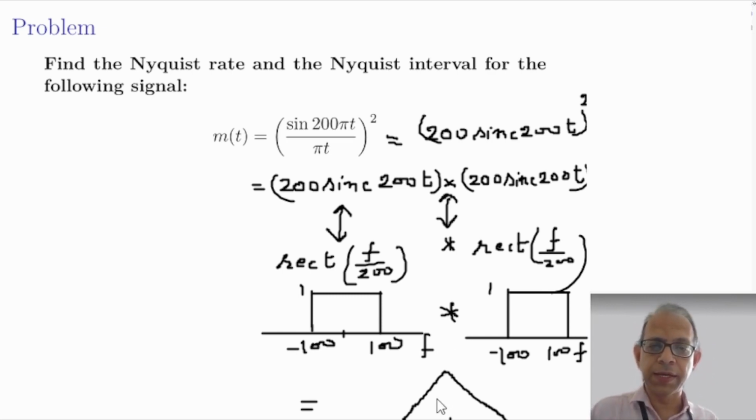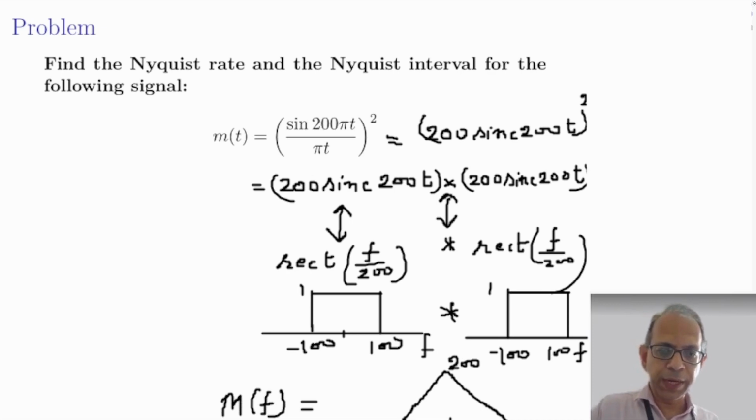And the height of this triangle is equal to the product of the amplitudes of the two rectangular pulses, 1 into 1, into the width of one of the pulses, because both are equal width. So 1 into 1 into 200, that is 200. We are familiar with these ideas from our knowledge of convolution. So basically what we get is a triangular pulse in frequency as the Fourier transform, or the spectrum, of the given signal.